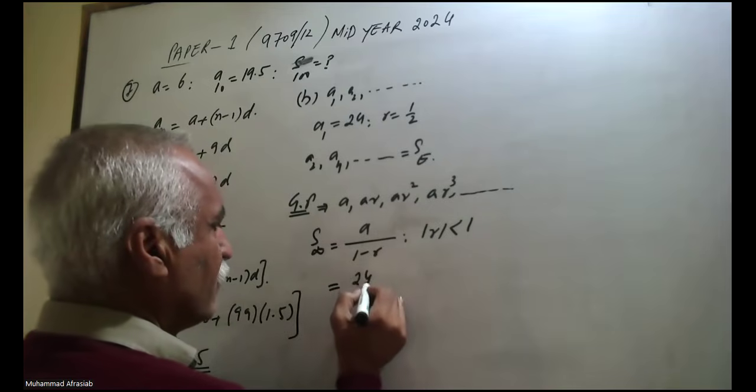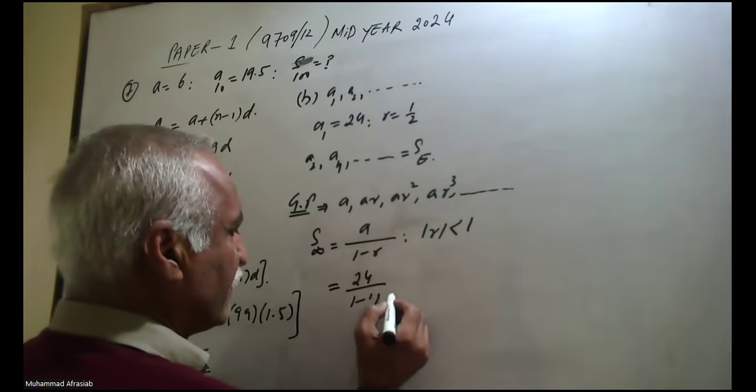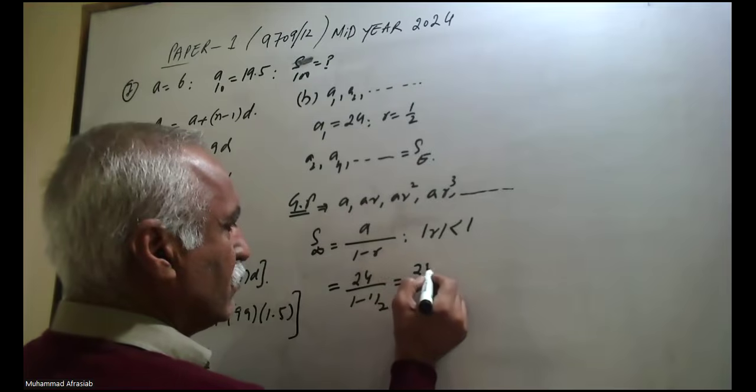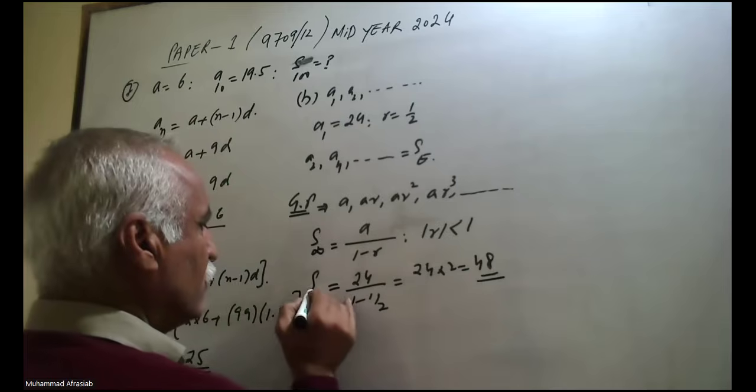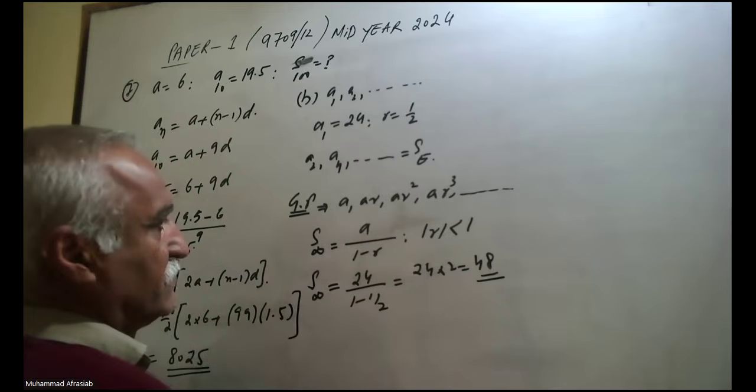Here a is 24, over 1 minus half, which is equal to 24 into 2, that is 48, the sum to infinity of this progression.